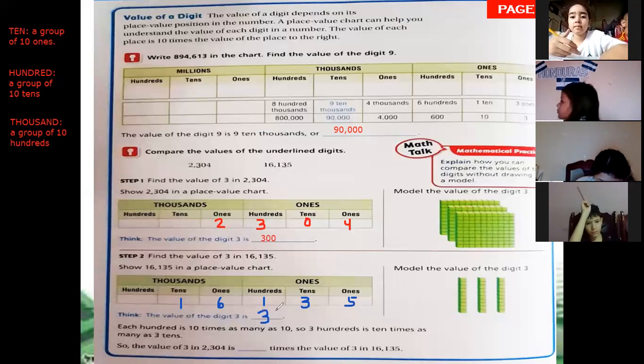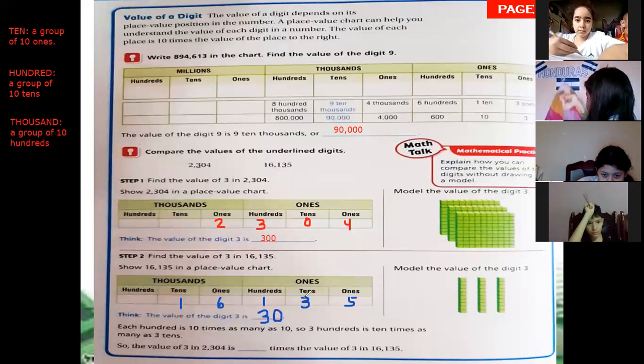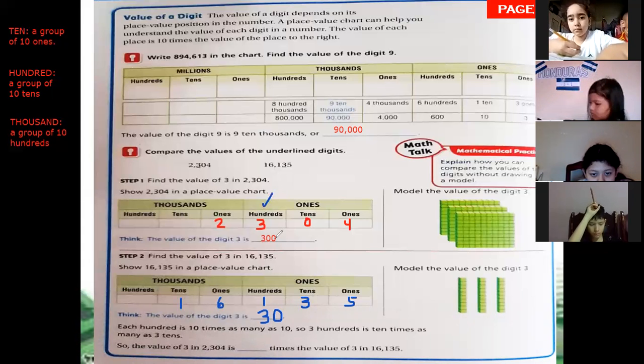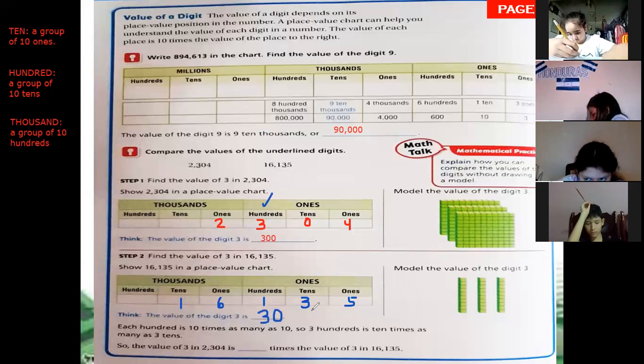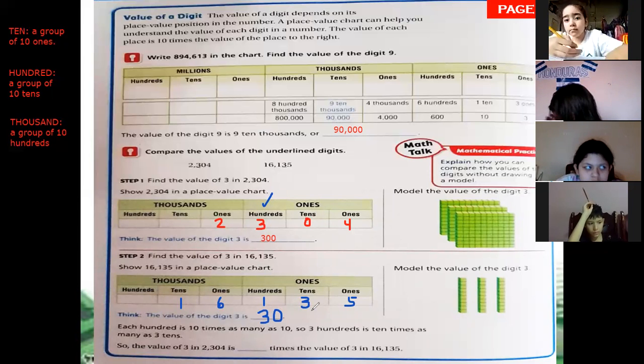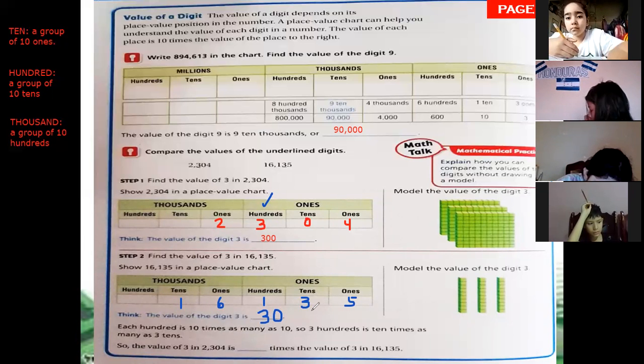Not 300, because the number 3 is not in the hundreds. The 3 in 2,304 is in the hundreds, so it's 300. But this one is in the tens, so it means that you have 3 groups of 10. So count by tens: 10, 20, 30. 3 groups. So the value of the number 3 in this case is 30. Each hundred is 10 times as many as 10. So 300 is 10 times as many as 3 tens.